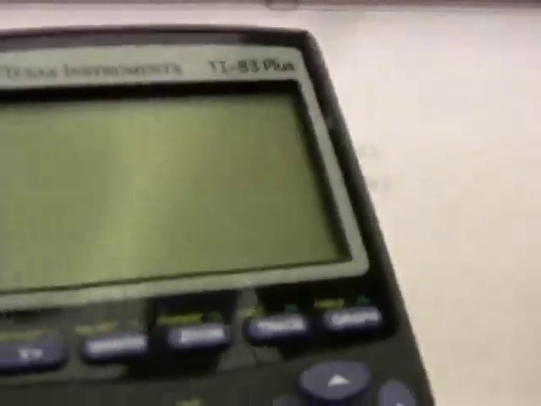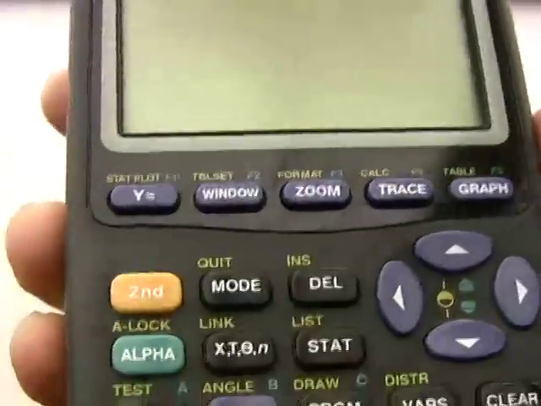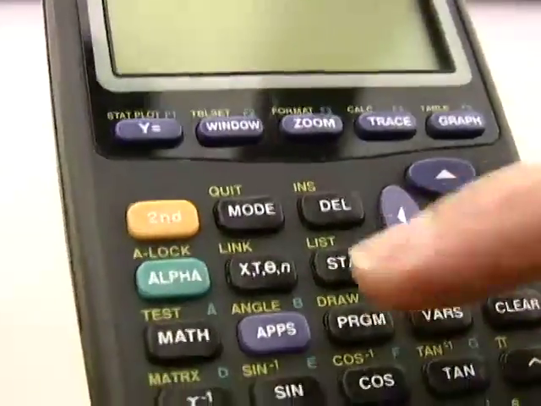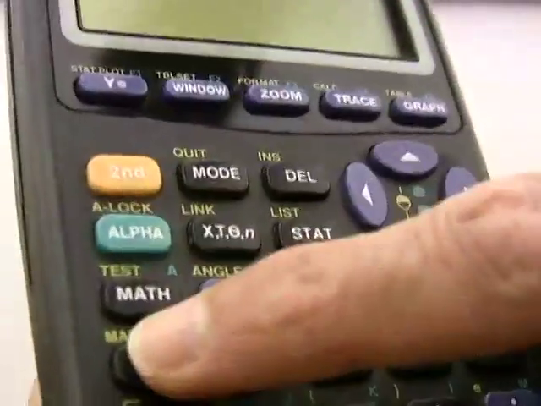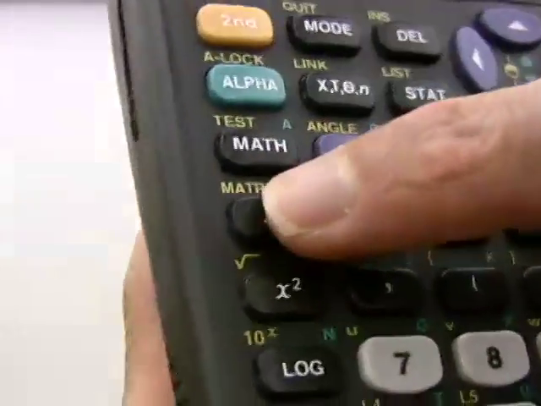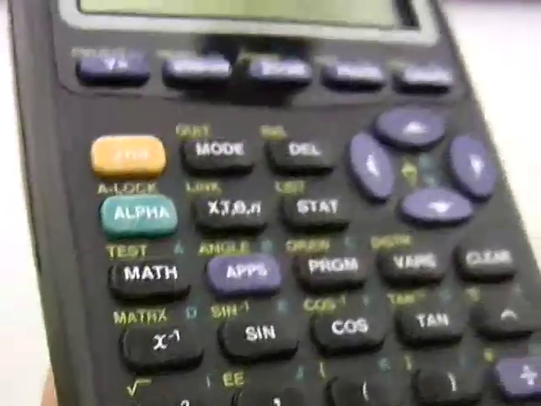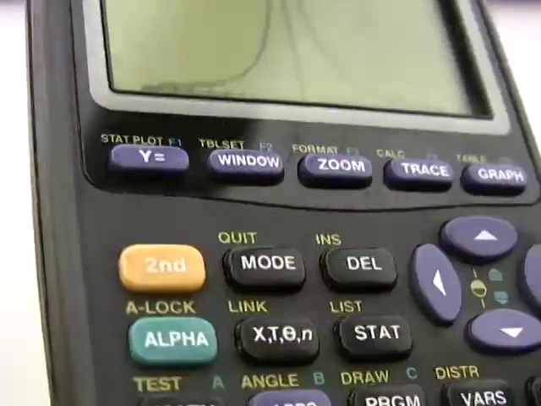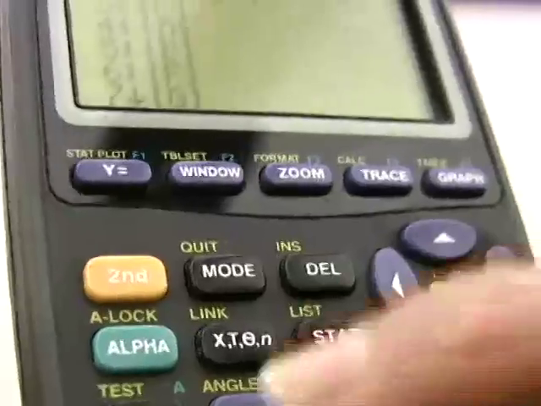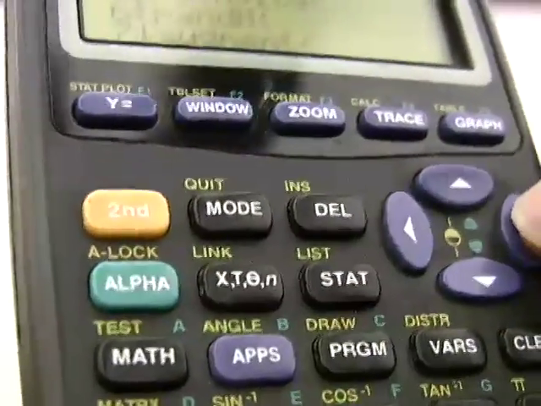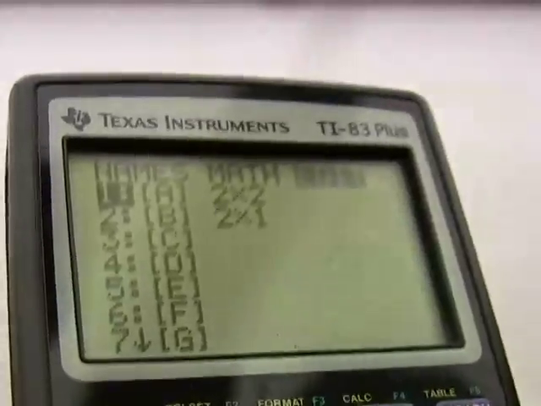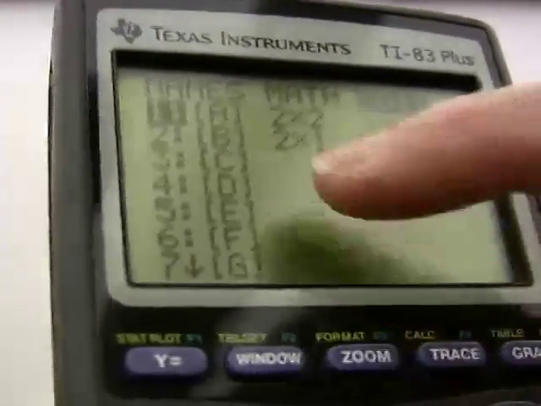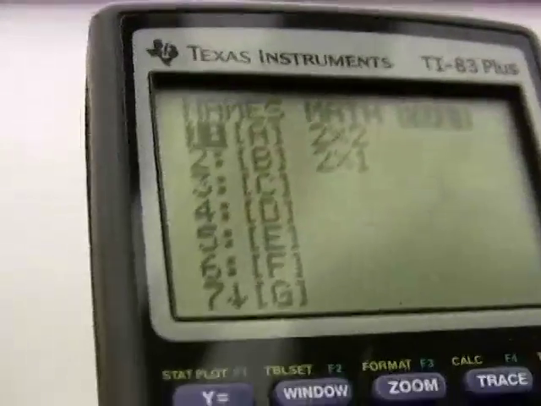I'm going to show this one more time to you how to make these matrices. Turn on the calculator first. Go to matrix, second x inverse is your matrix. Go to edit, edit matrix A. There you are.